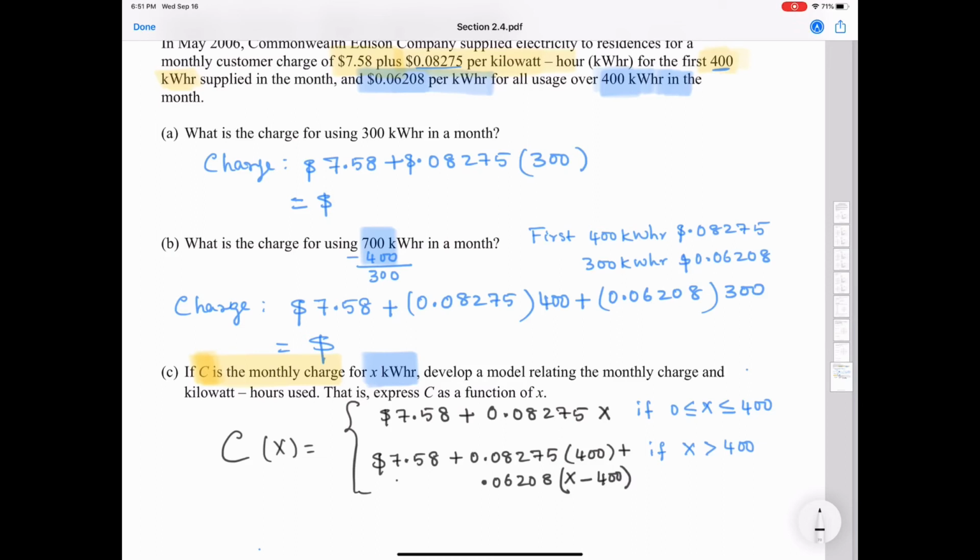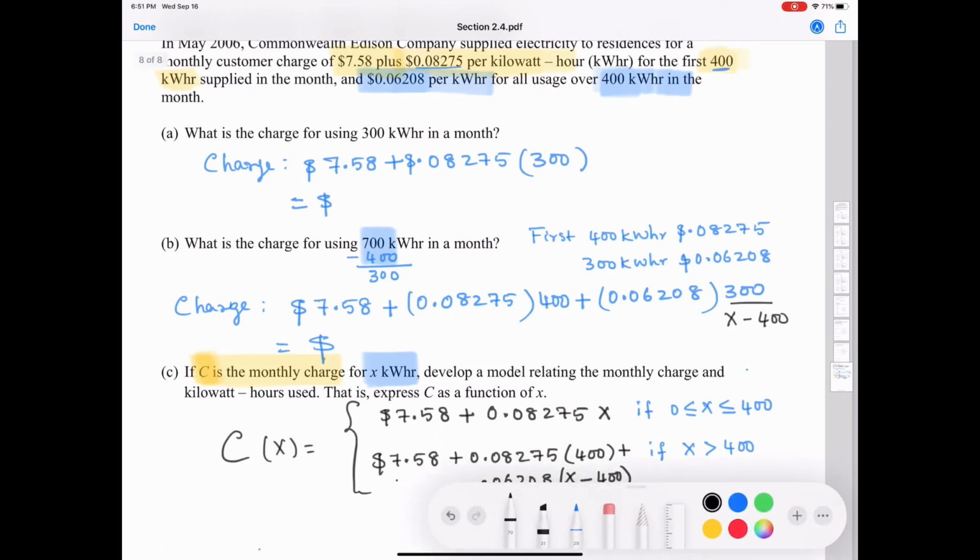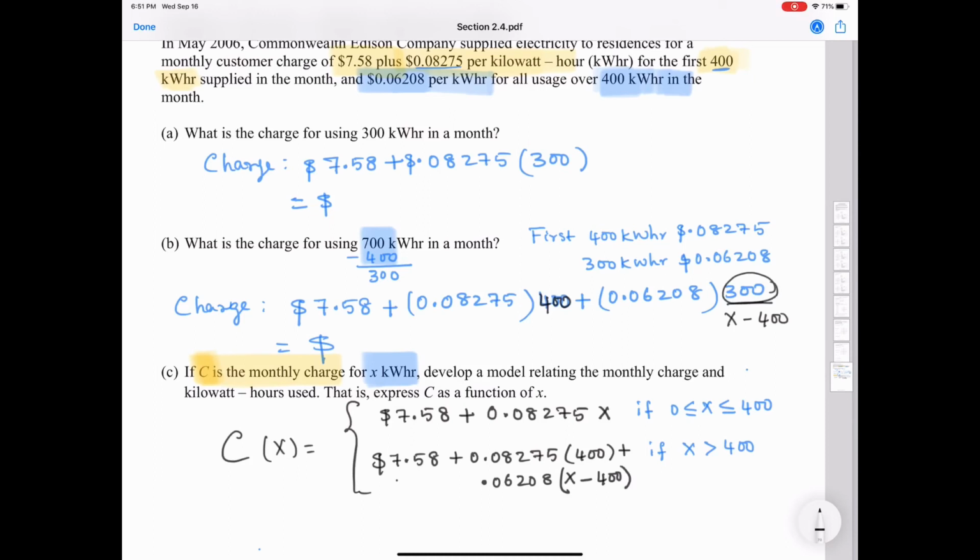So this was my X and this was my X minus 400. I'm sorry, it's not the X here. This is the 400, because the 400 is being charged at the first rate, and this is my X minus 400 to get the 300.